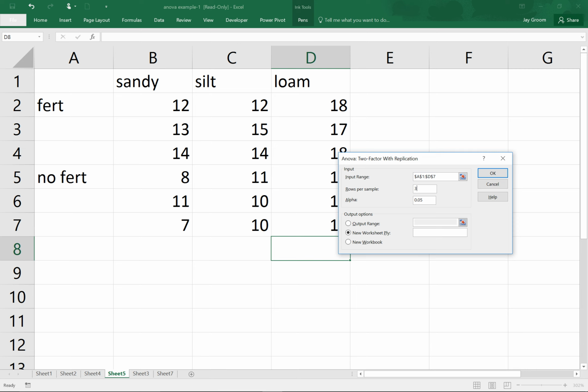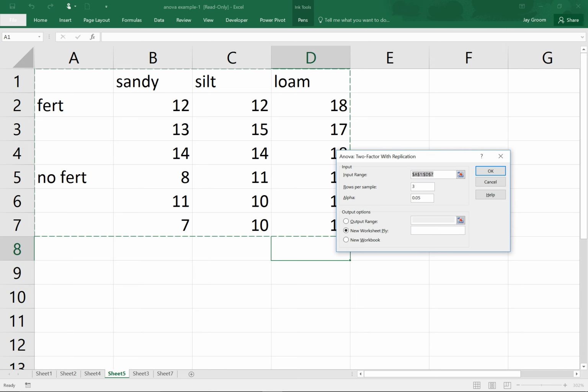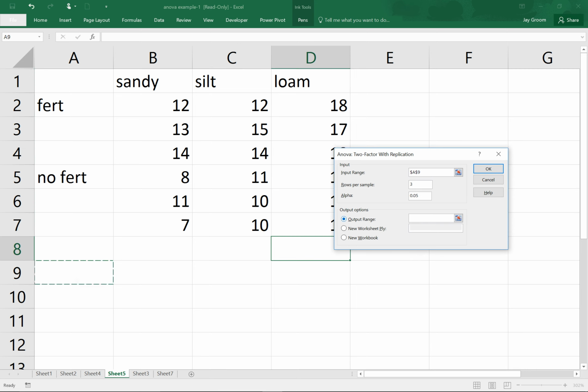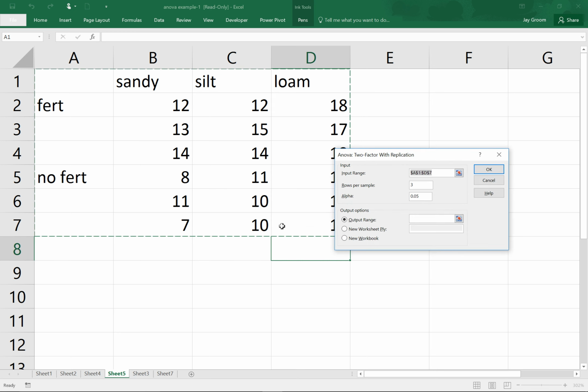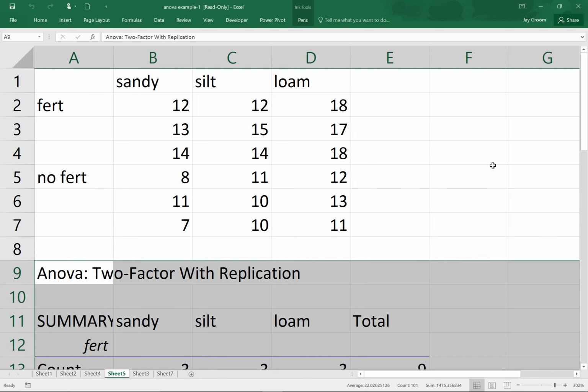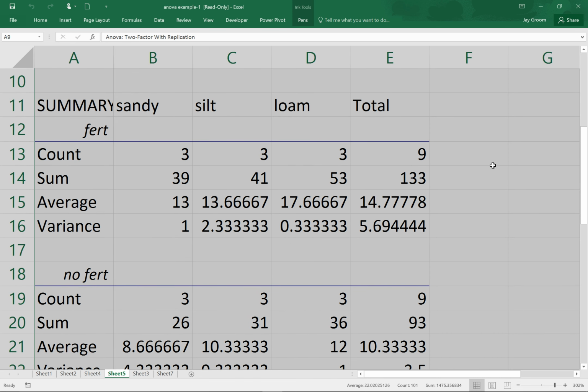And then our output range, I'm going to stick down here somewhere. Oh, shoot. I screwed up my input. There we go. I hit OK. What's missing now? Oh, I didn't put an output range. All right, there we go. Nice. Okay, sweet. So there it is.